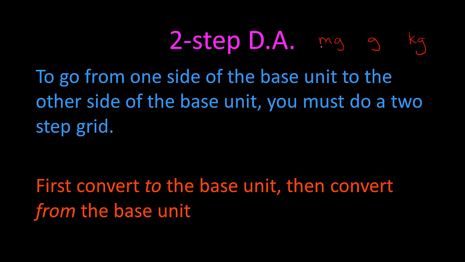So what we're talking about here is going from one side of the base unit, here's the base unit, going from one side to the other. You must do a 2-step grid. The first thing you're going to do is convert to the base unit. So we'll convert milligrams to grams, and then you convert from the base unit, grams to kilograms.